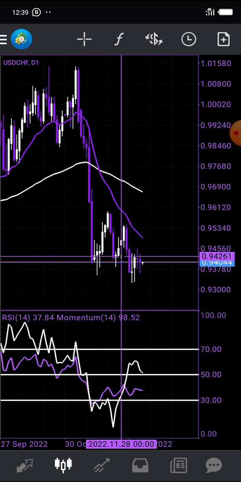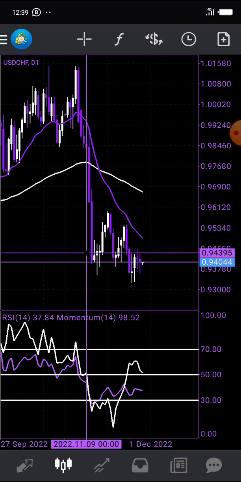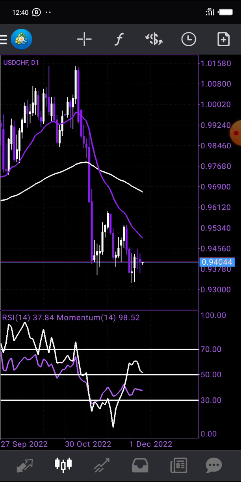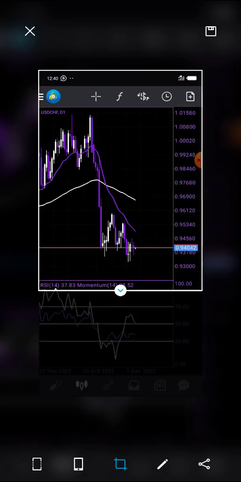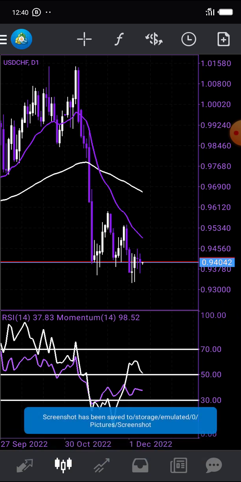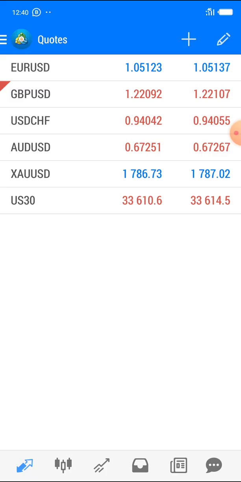We're going to look at this in our next class about chart patterns, so we're going to take a screenshot of this and put it up for the next class. So let's skip that. I'm not trading this pair because I've not seen a good advantage here.